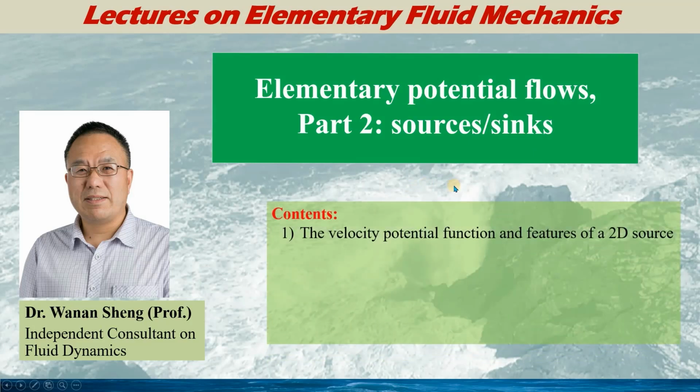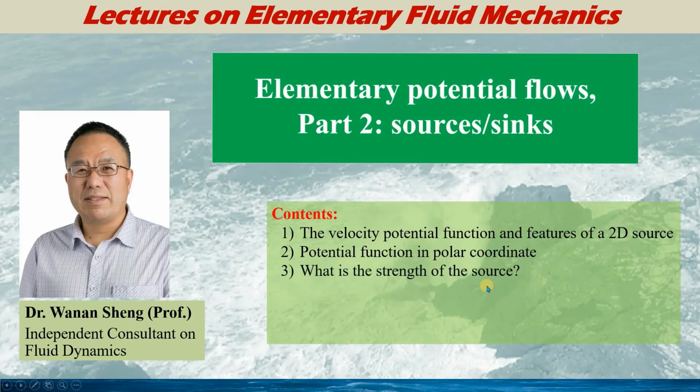In this talk, we will see the velocity potential functions and features for a 2D source or sink. And then we will see a better expression of the potential function in polar coordinates. And we will see the strength of the source.